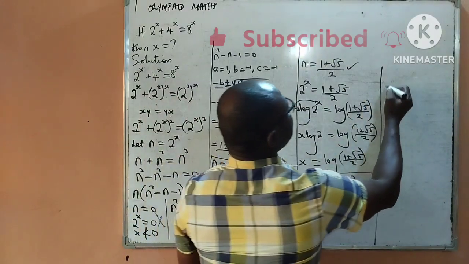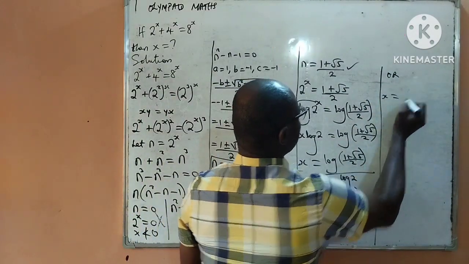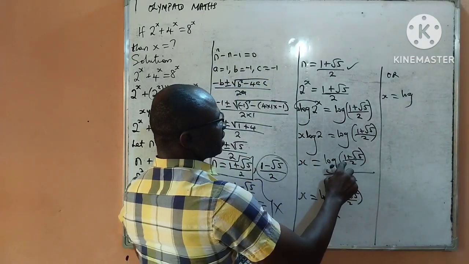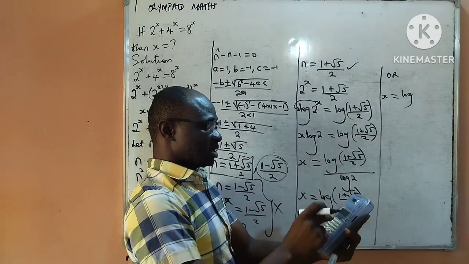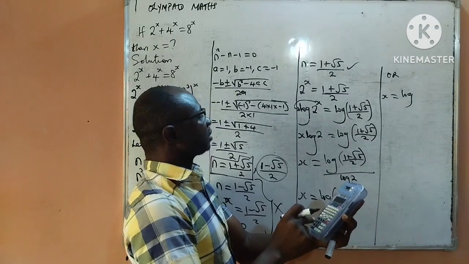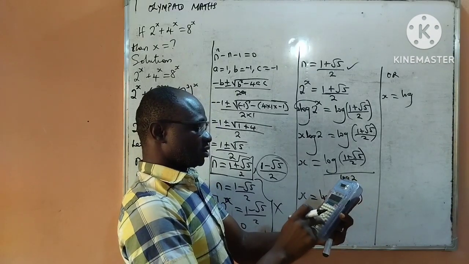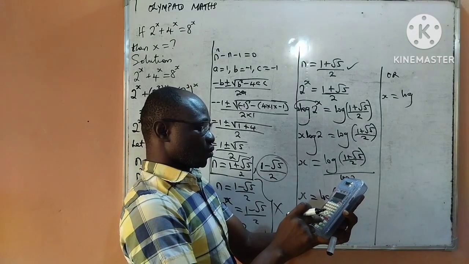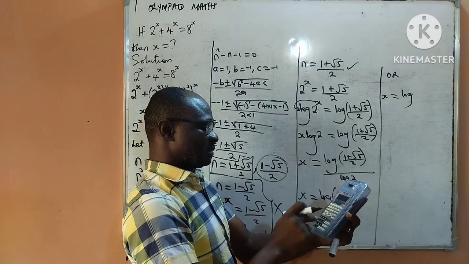So I can now write x is equal to log, simplifying what is inside the bracket, that is root 5 plus 1, then divided by 2.